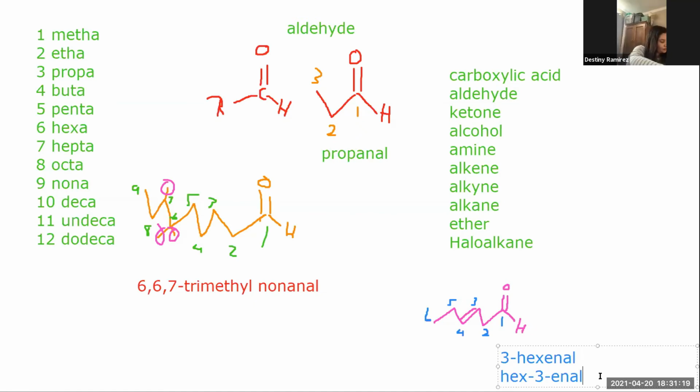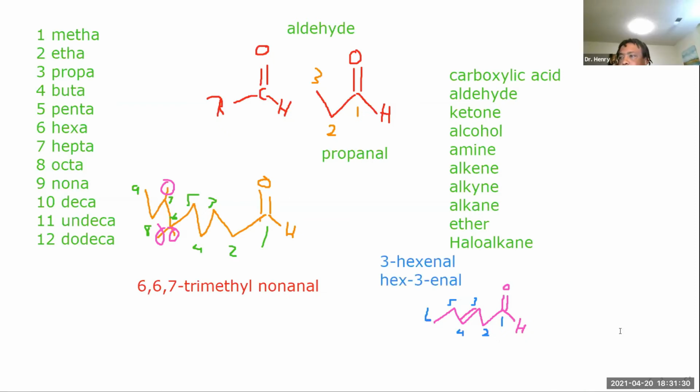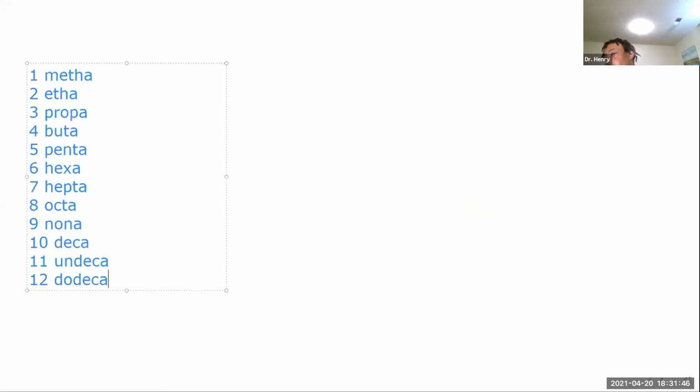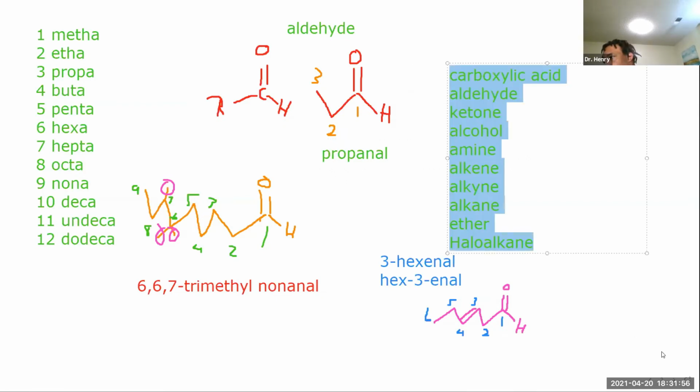Okay. Questions, concerns? I can't see the bottom. Sorry. There you go. Oh yeah, hex-3-enal. Okay, so our last one is carboxylic acid.